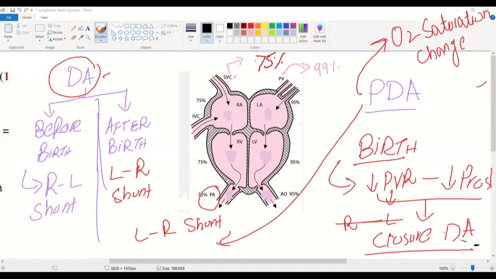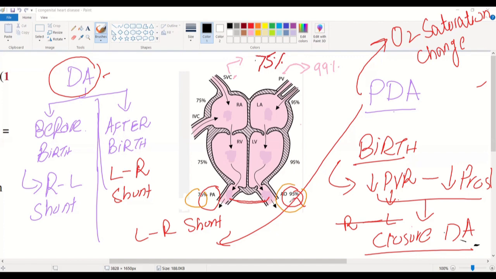So blood is moving from the aorta to the pulmonary artery. The aorta contains 95% oxygen saturation, and the pulmonary artery contains 75%.